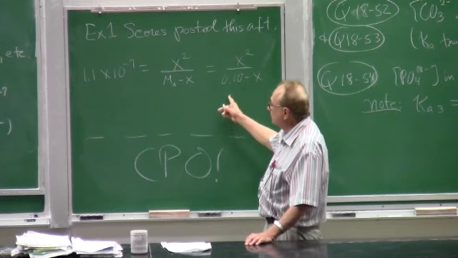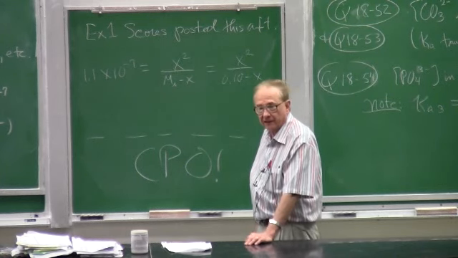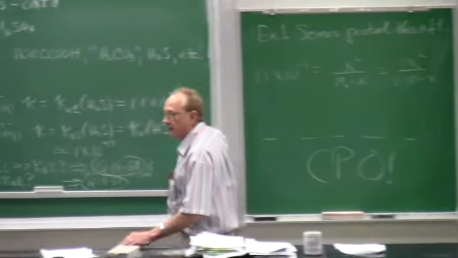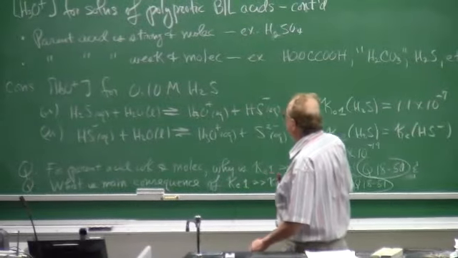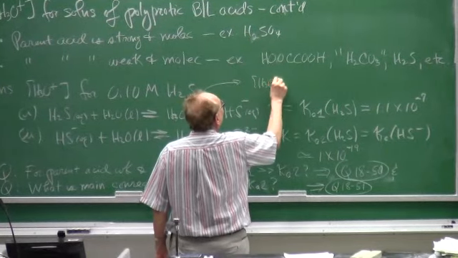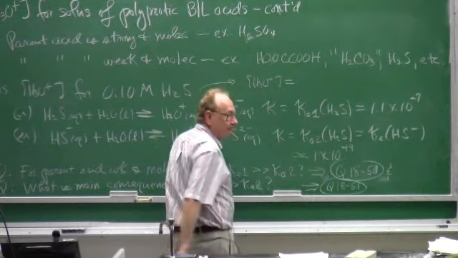All right? So I'm taking the square root of 1.1 times 10 to minus 8. What is the square root of 1.1 times 10 to minus 8?